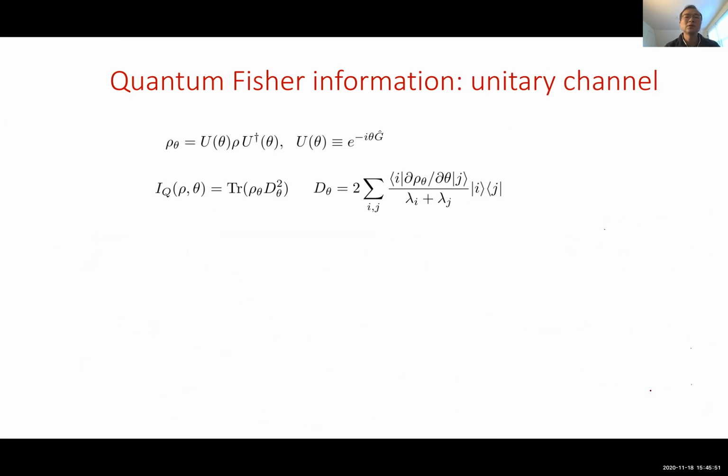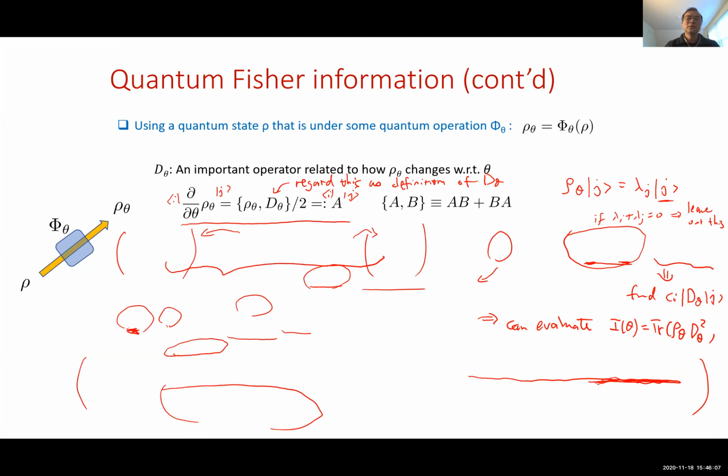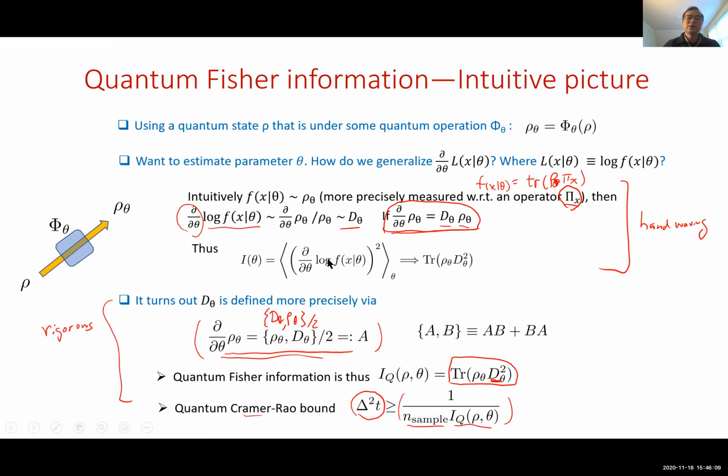If I see the reference, I'll point it out. Any questions so far? This is a more abstract or formal derivation of this D theta. It's as if we were deriving what this should be.